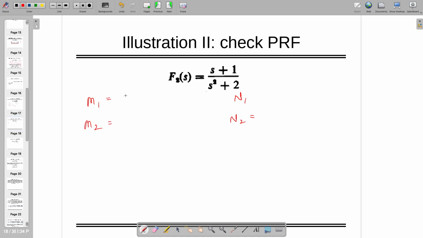m1 is equal to 1, n1 is equal to s, m2 is equal to, right? So now can you tell me whether the function is positive real function or not?